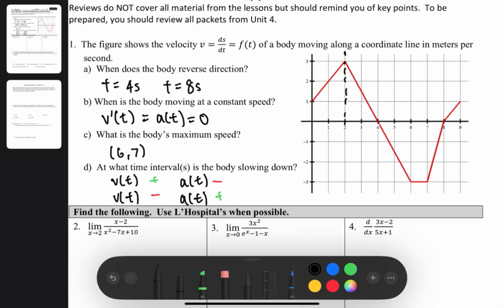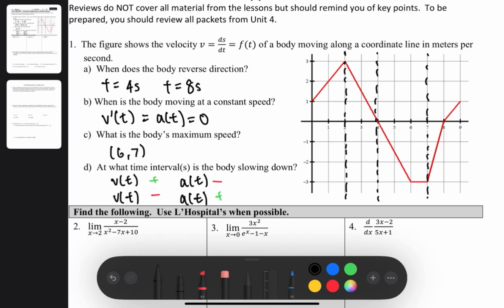Right here, at time equals 2 seconds, our acceleration goes from positive to negative. So that's our first special point. Our second special point is time equals 4 seconds, because that's when our velocity goes from positive to negative. Our third special point is t equals 7 seconds.